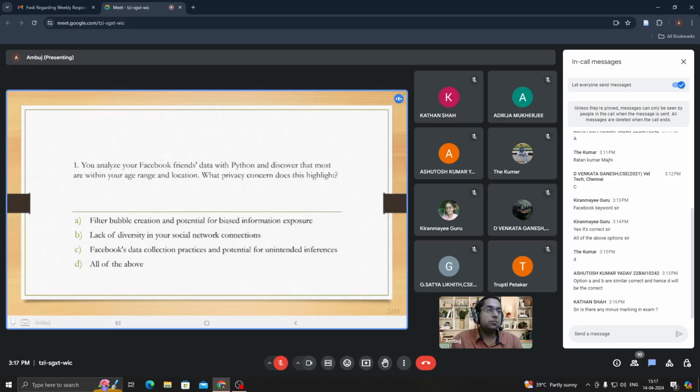Sir, is there any minus marking in the examination? Please do try to contact the NPTEL team. They would be able to answer this question. Otherwise, in the instructions in the examination which would be provided to you, just try to look at them. I don't think there would be minus marking, but do confirm before attempting. I am not aware of the pattern of the examination.